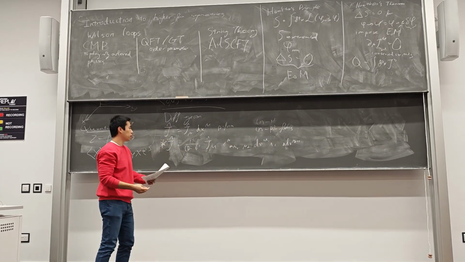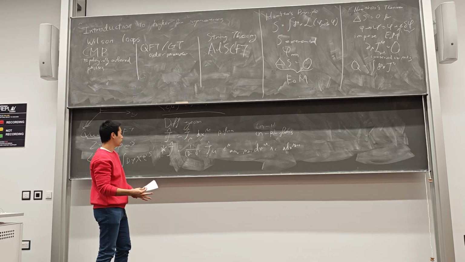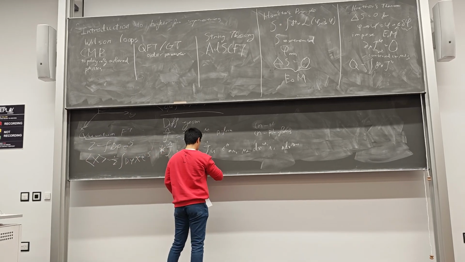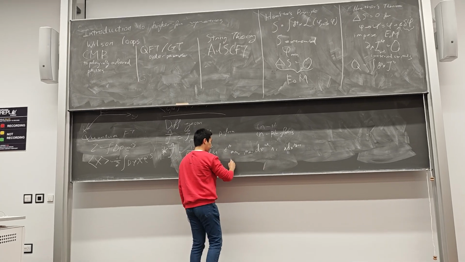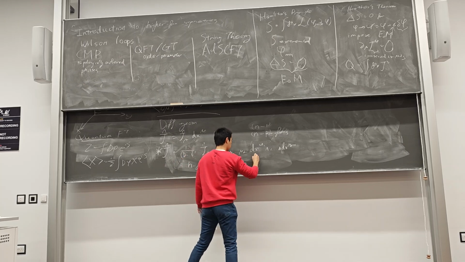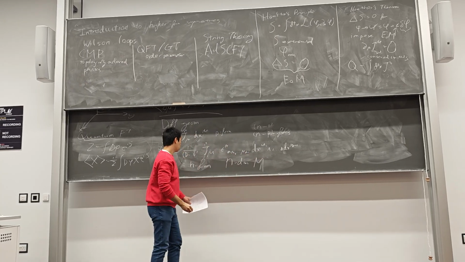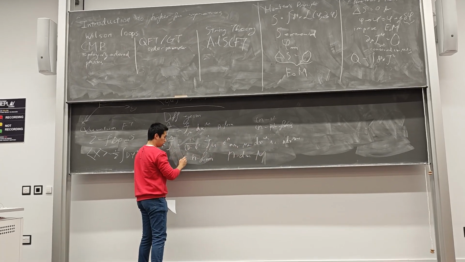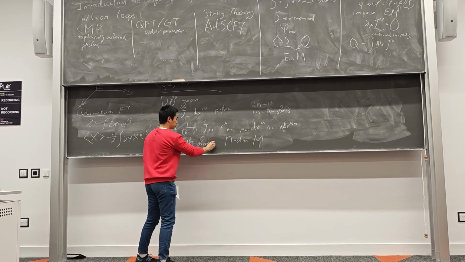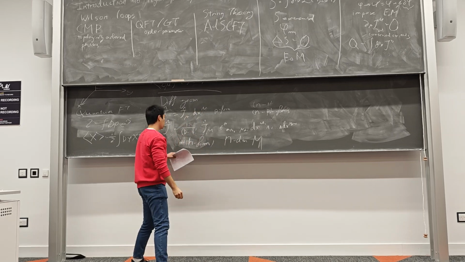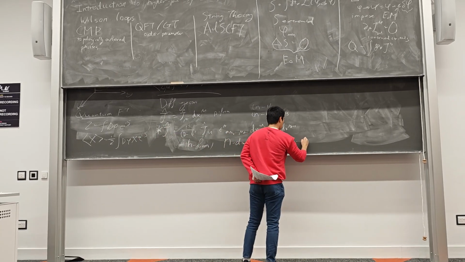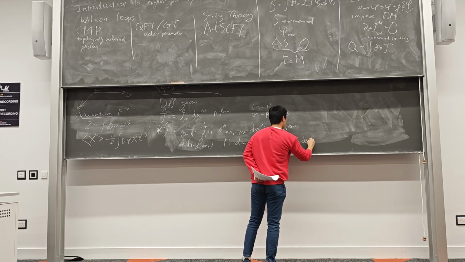Now I'll give you a heuristic argument for why we can do this association. We know that your n form in an n-dimensional manifold has rank 1, right? And so this is basically your dx1 all the way to dxn.